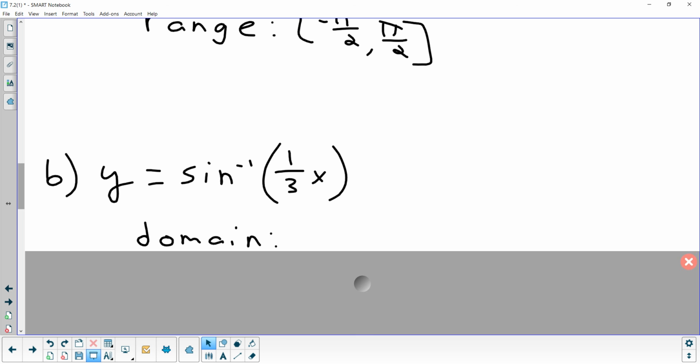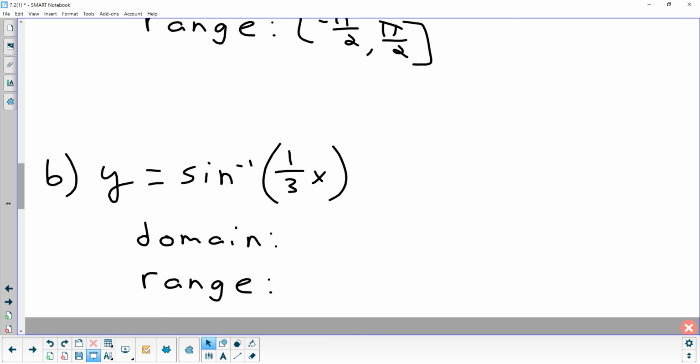Okay, let's try this one. Now, before we even do it, what is a 1/3 next to the x going to do to your graph? Horizontal stretch by how much?